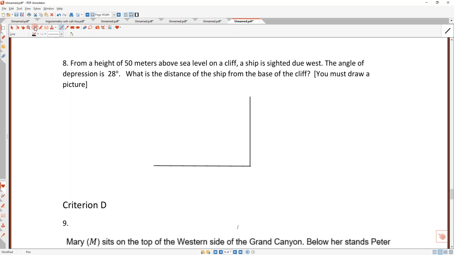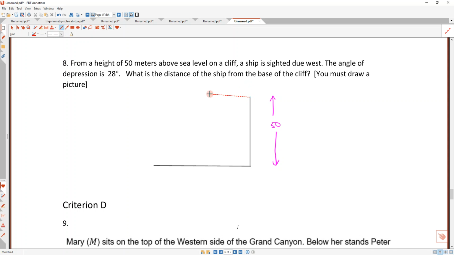So if I put in our measurements, 50 meters above sea level, and they're looking across now at an angle of depression of 28. So remember, angle of depression is measured from the horizontal.